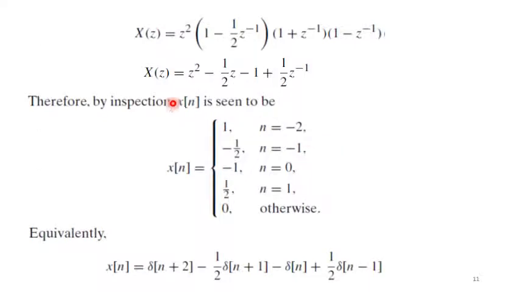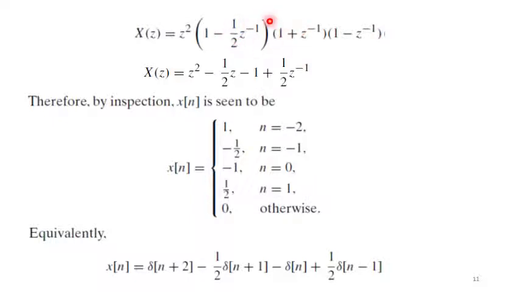So for example, we have a signal that has a Z transform equal to (z^2 - 1/2 z^-1)(1 + z^-1)(1 - z^-1).